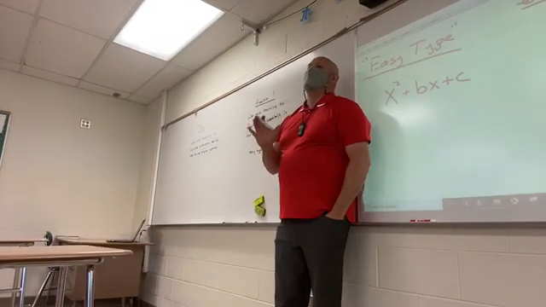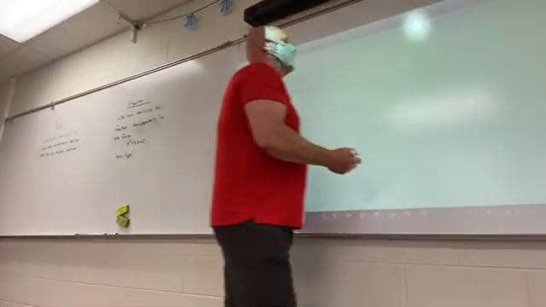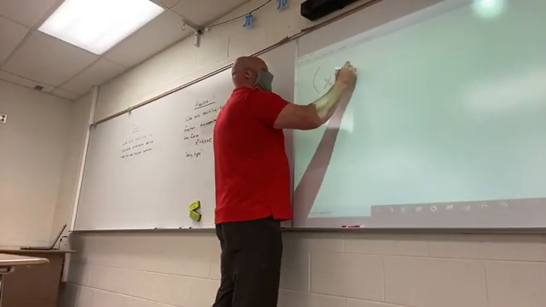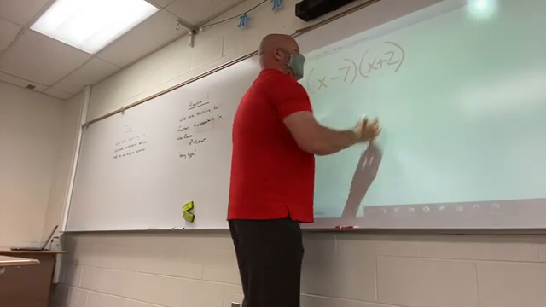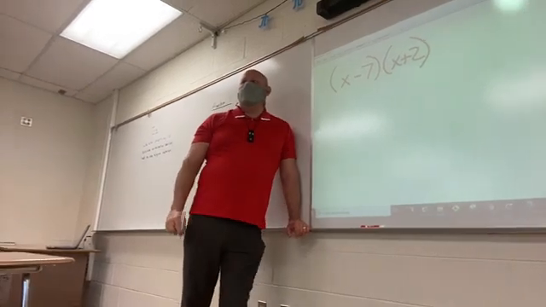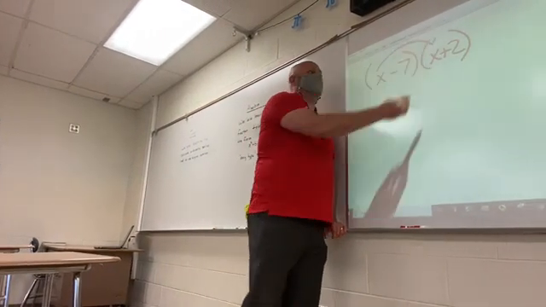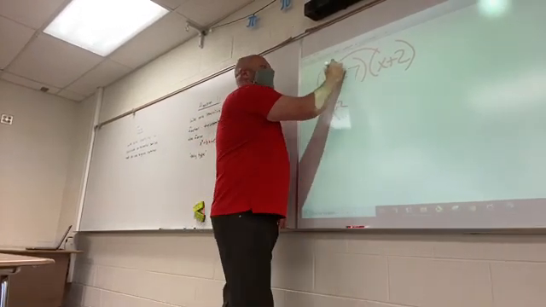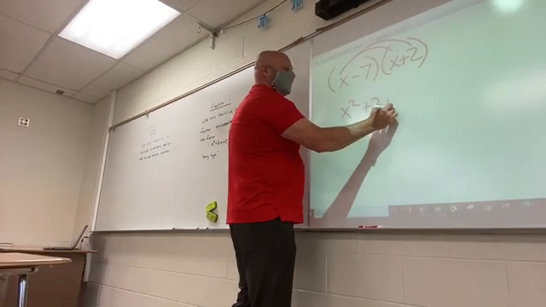Before we work on factoring, I want to do a quick review. Let's say I gave you this problem and said FOIL it. What would I get? X times x is x squared. X times the 2 would be 2x.